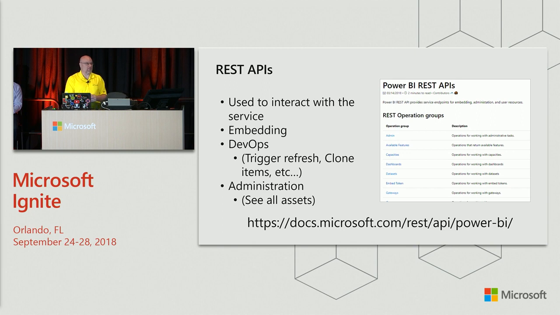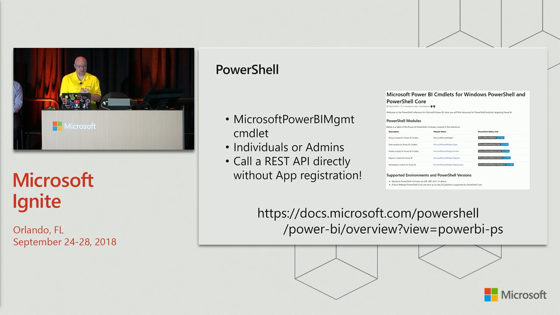Because from a REST API perspective, it's a code thing, right? You've got to write code, you've got to manage the access token from Azure Active Directory. You've got to do all this plumbing to get this to work. So we introduced these PowerShell commandlets that wrap all of that for you. There's no need to do an app registration in Azure Active Directory, which caused a lot of headaches. So we took care of all this for you.